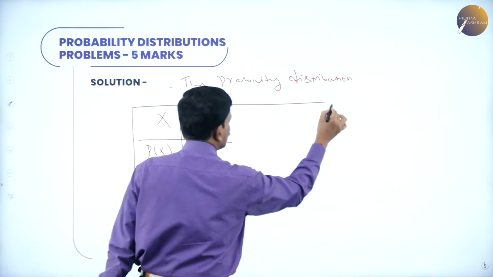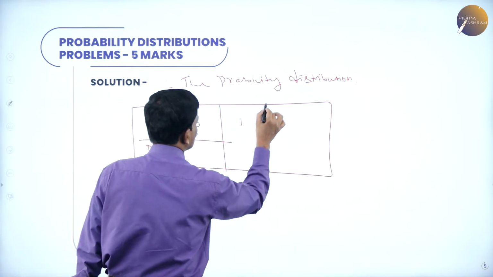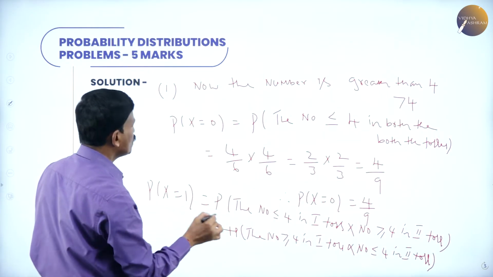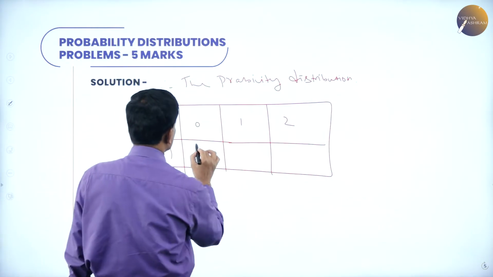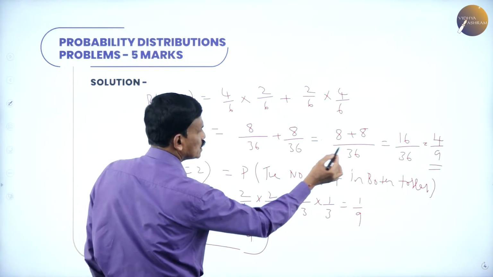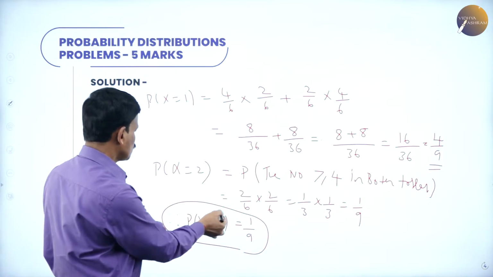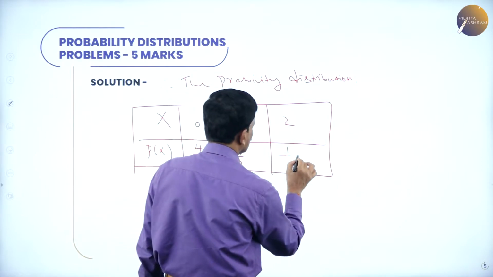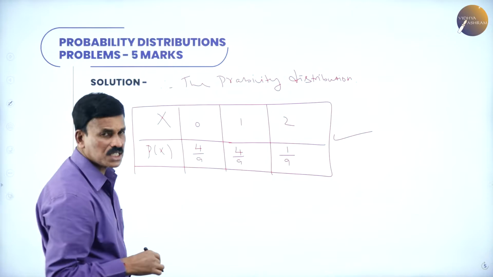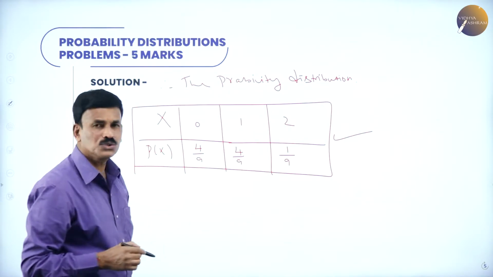When x is equal to 0, the answer is 4 by 9. When x is equal to 1, it is 4 by 9 again. And when x is equal to 2, it is 1 by 9. So this is the probability distribution for the first case. So 0, 4 by 9, 1, 4 by 9 and 2, 1 by 9.